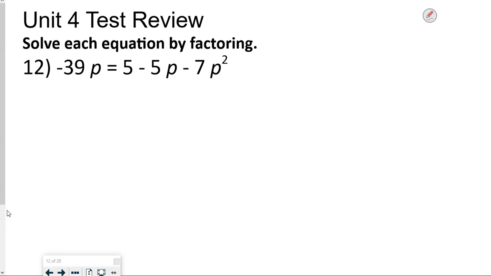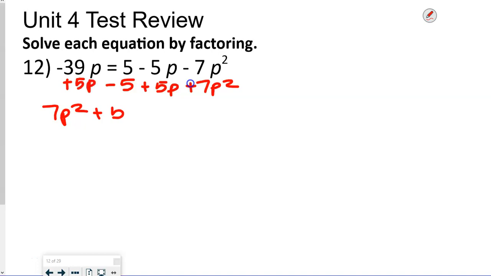Our last factoring problem, I'm going to move everything to the left again. So I'm going to add 7p squared, add 5p, subtract 5 to both sides, okay? So that's going to give me 7p squared plus 5. No, I'm doing plus 5p to minus 39p.